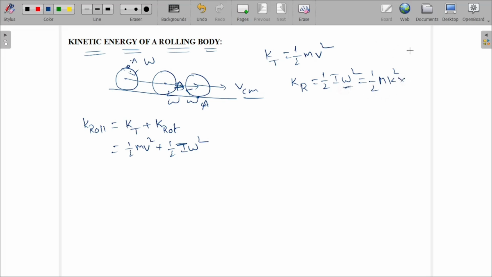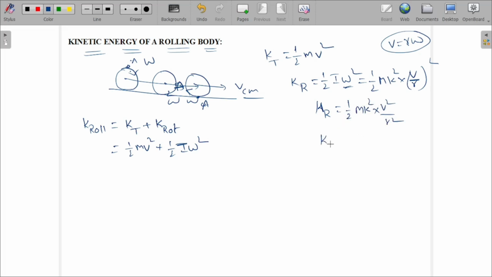Already we know the relation between linear velocity and angular velocity, that is v equal to r omega. From this, omega equal to v by r. So it's v by r whole square. So kinetic energy of rotation will be equal to half m k square into v square by r square. Clear?